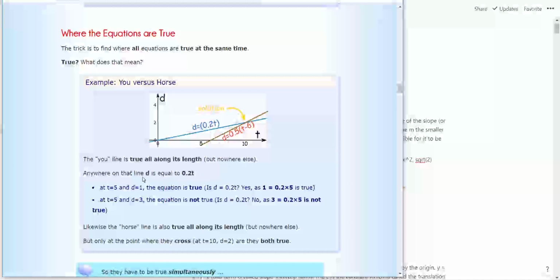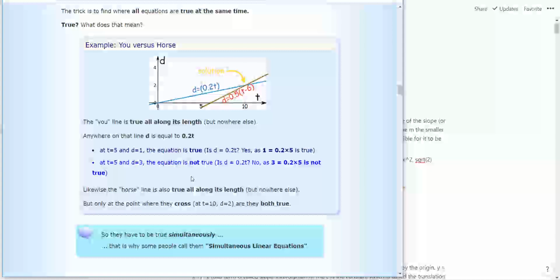Anywhere on that line, d is equal to 0.2t. At t equals 5 and distance equal to 1, the equation is true. Off the line, the equation is not true.